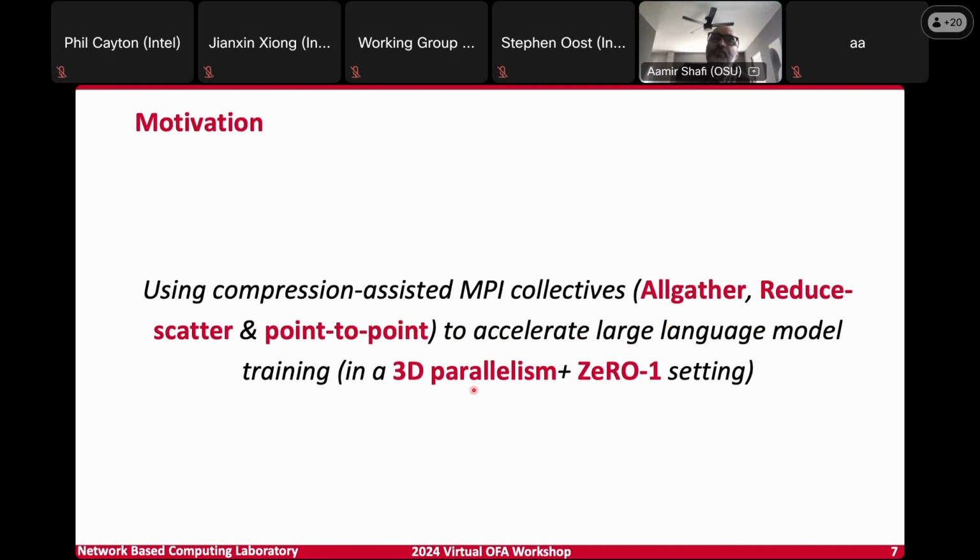For this particular study, we are using 3D parallelism in a ZeRO-1 setting. And if you recall from the previous slide, ZeRO-1 is the first stage of DeepSpeed ZeRO, where we only shard the optimizer state. In terms of memory, that has the most impact because the optimizer state consumes the most amount of space on the GPU.